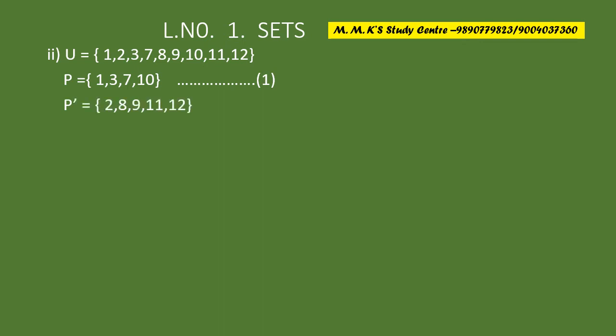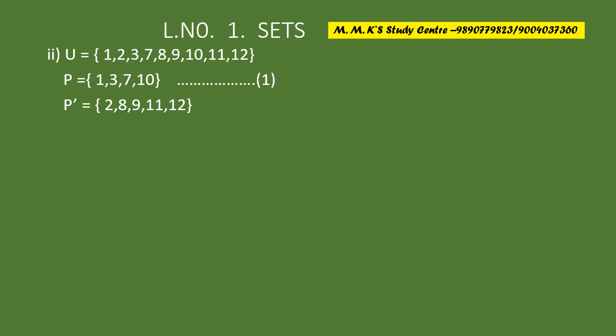Then we'll write down the P complement, and for finding the complement of P complement, we'll compare P complement with the universal set, and we will cancel the same numbers. So from the universal set, 2 will get cancelled, 8, 9, 11 and 12 will get cancelled, because those are present in P dash.